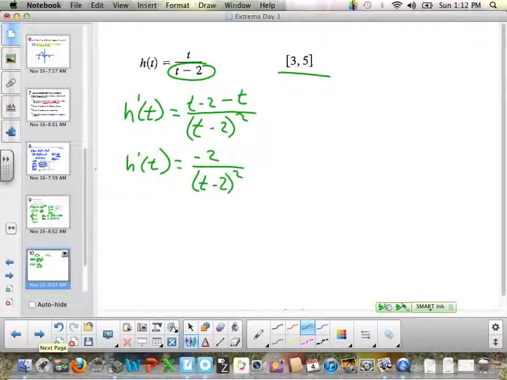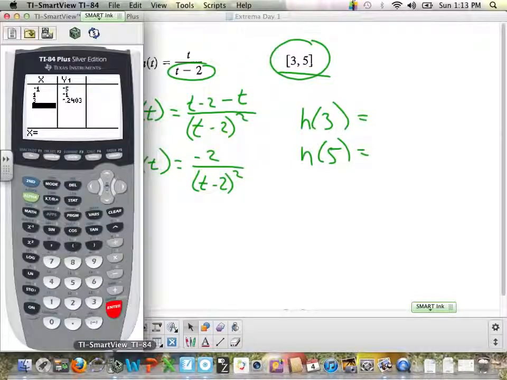What makes a fraction 0? Well, if the top is 0, and -2 is never 0, so that's not a possibility. How do we get undefined? If the bottom's 0, the bottom's 0 at 2, which is not in an interval. So that's okay. So all we need to do is check 3 and check 5.